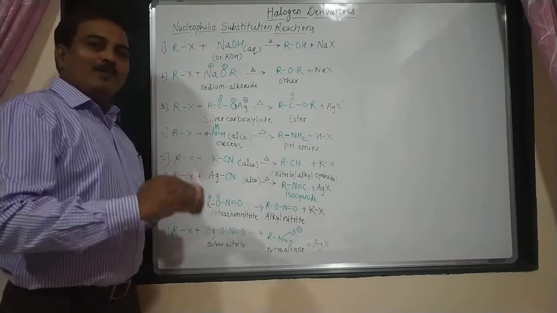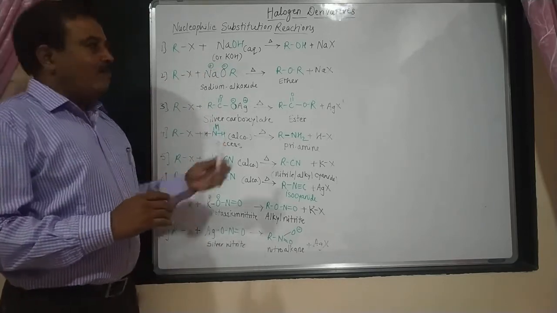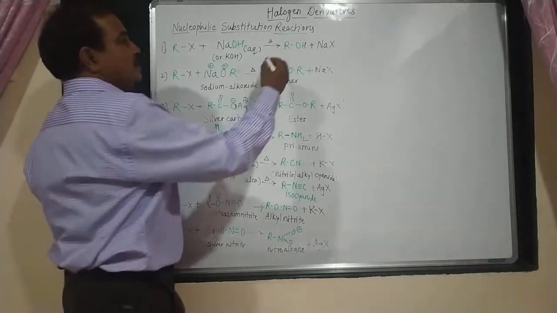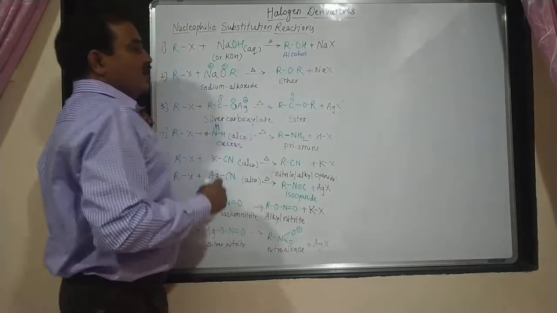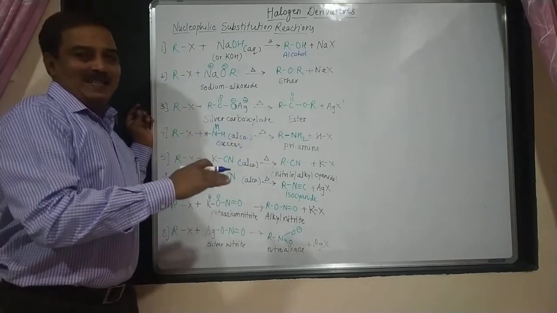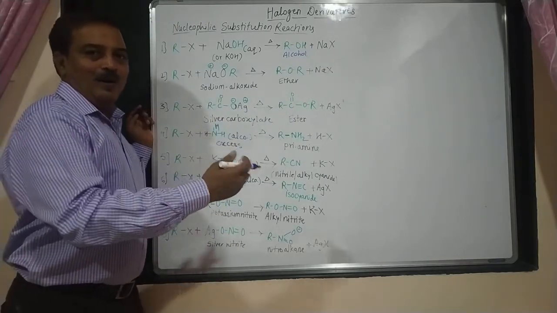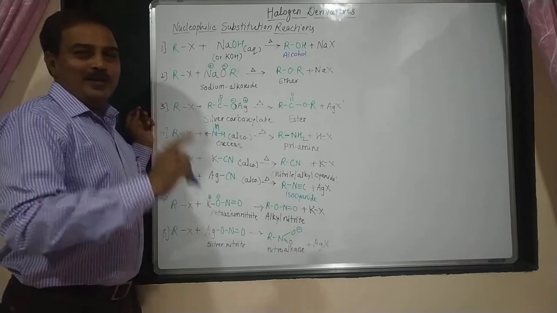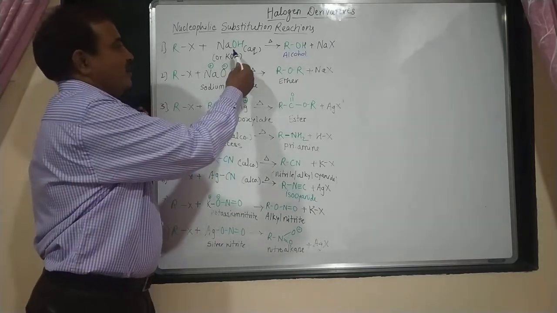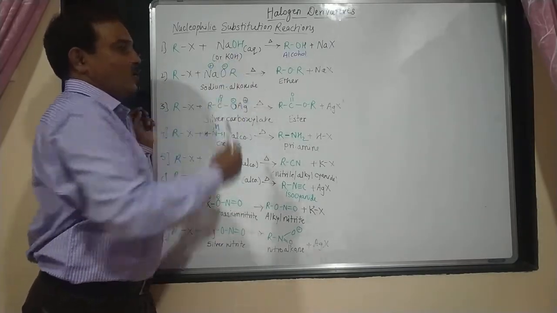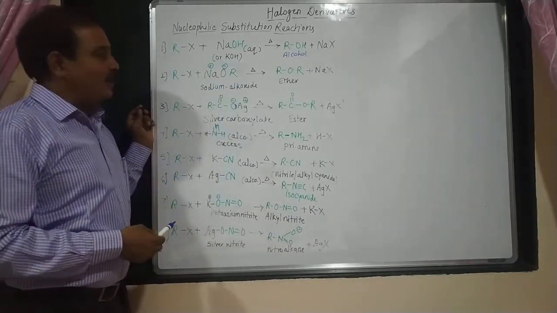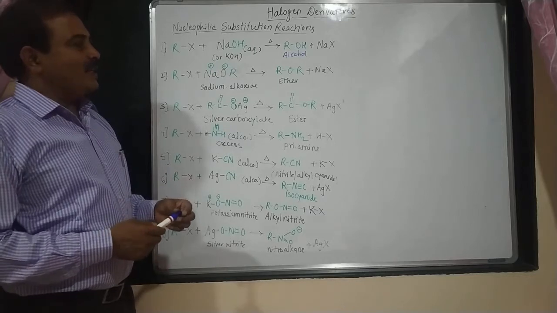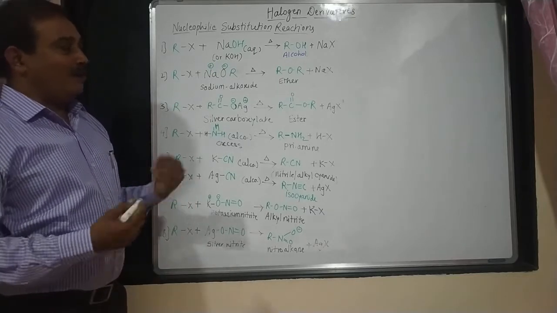Keep in mind that to prepare an alcohol from an alkyl halide, only two reagents can be applied. The first one is either aqueous NaOH or aqueous KOH. Anyone you can use there. Okay, now let us take an example of how to prepare different alcohols.